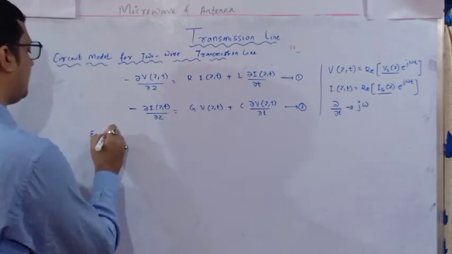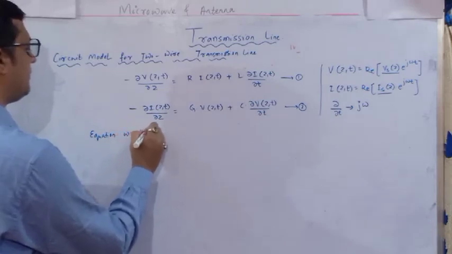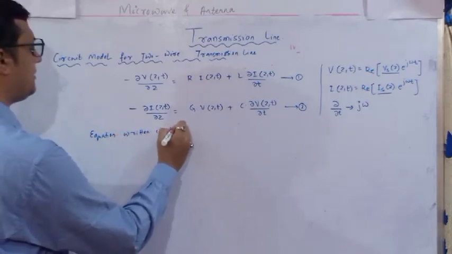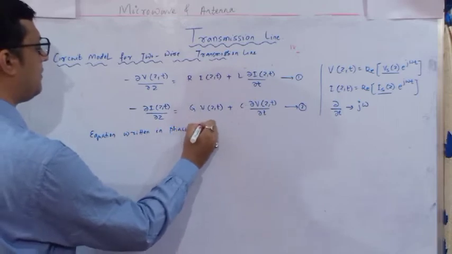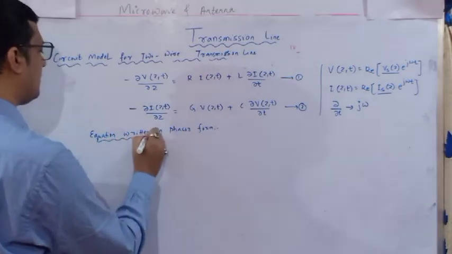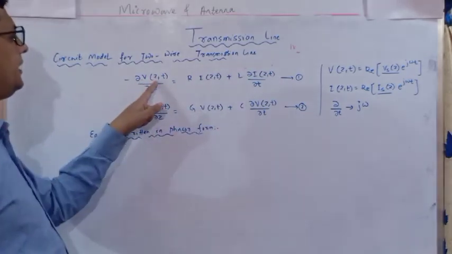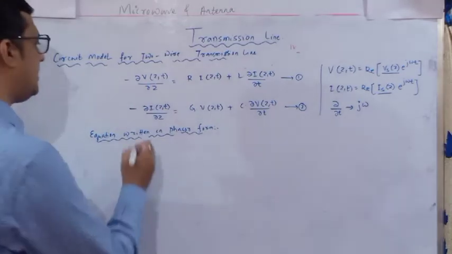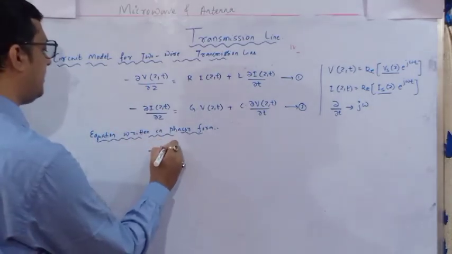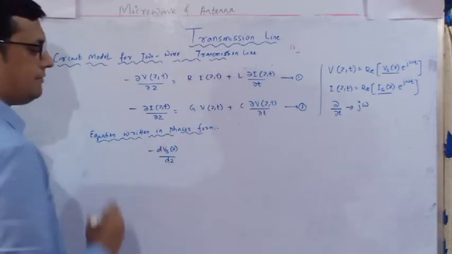Equations written in phasor form. How does it look? Here, for V of z comma t, I can write minus dVs of z by dz.